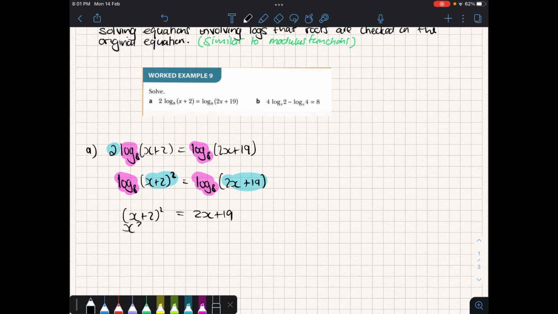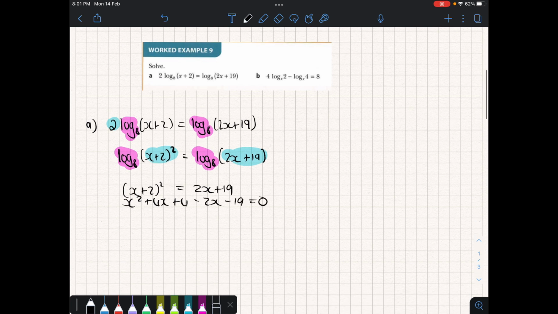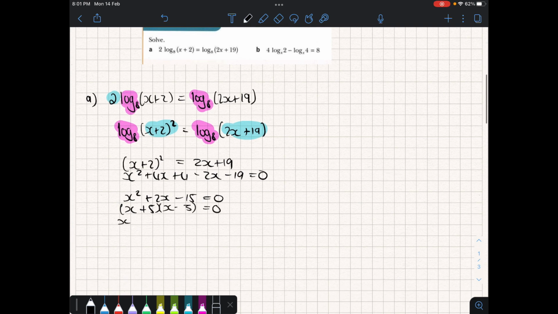So we'll expand, bring the other terms to the other side, simplify, and now we can factorize and find values for x. We get (x plus 5)(x minus 3) equal to 0. So x can be equal to minus 5, or x can be equal to 3.